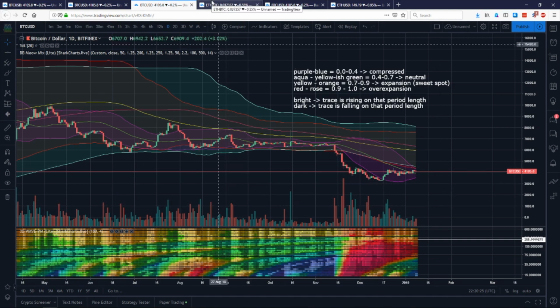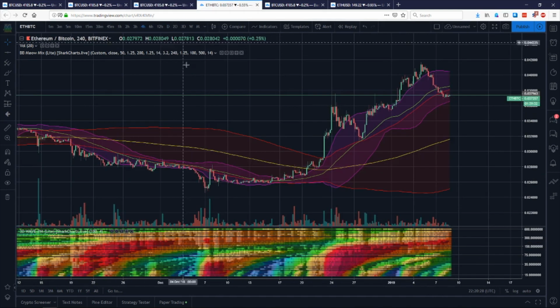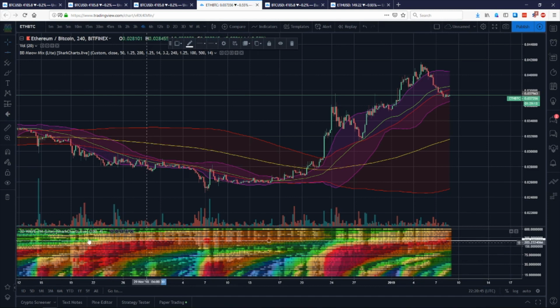But I did also pull up a chart where there's a really clean example of following and finding support on the longest overexpanded period. So here we have the November decline in ETH BTC, and it really clearly expanded up to about the 240 period.